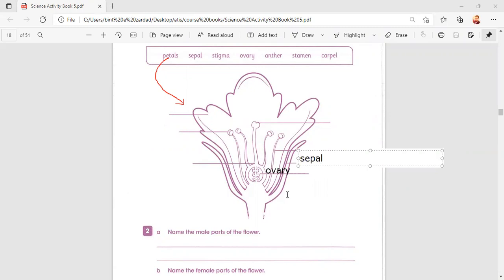Sepals protect the flower bird. And stamen. Where is stamen? This one. And this one, anther.